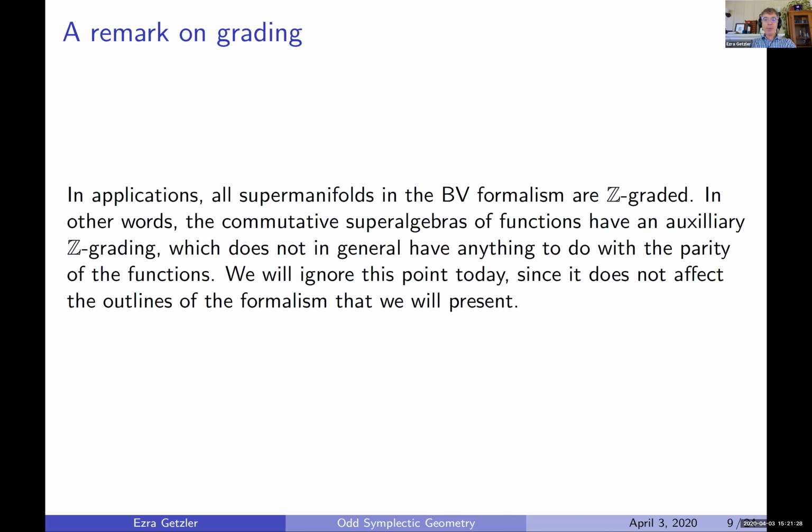So it's extremely important to make sure that you don't think of this Z grading that you might find in the physics literature as determining the parity on the supermanifold. I'm not going to discuss the Z grading in the BV formalism today because it actually has no effect whatsoever on the story that I'm going to tell you. But in principle, you should go back through my talk and sprinkle Z grading on everything. Okay.